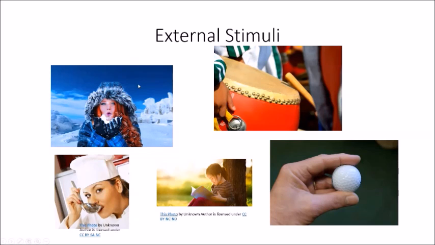This is an external stimulus because this is a detectable change in the outside environment. This cold sensation is happening outside of this person's body, and her body is responding to this cold temperature by feeling that cold sensation. Okay, so that's an example of an external stimulus.